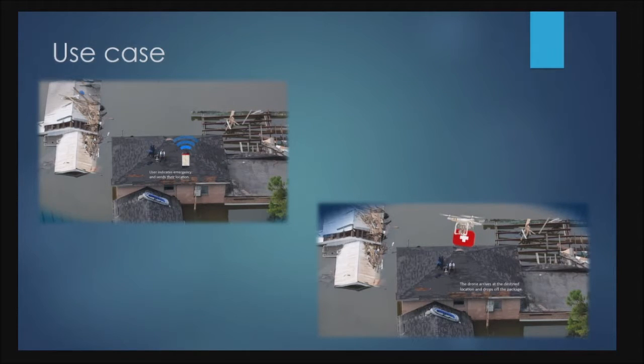So there would be a small server receiving the request, then it would be deployed to one of the drones in the fleet, and then the drone would fly and drop by the package to the person in need, and then come back. So this is one of the use cases that we were thinking of.